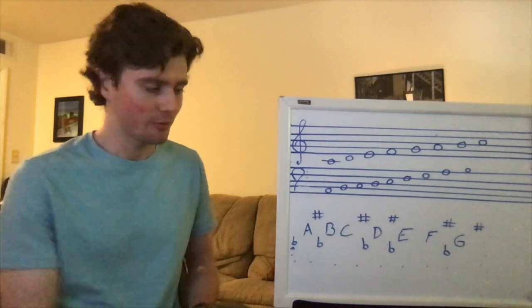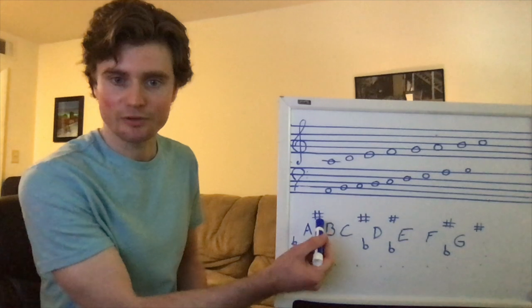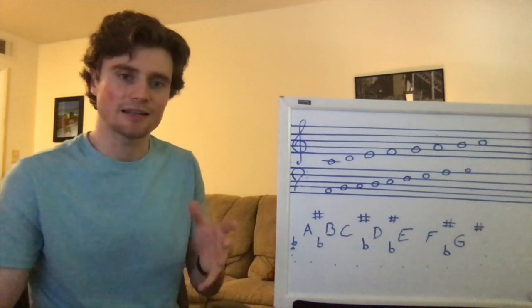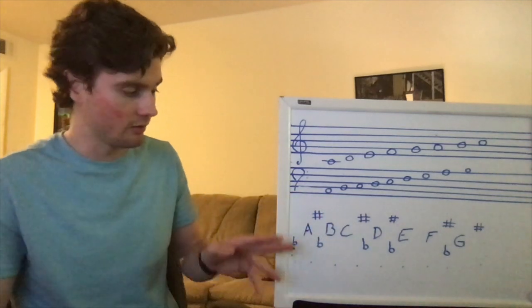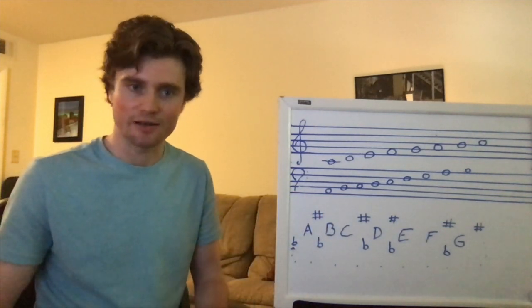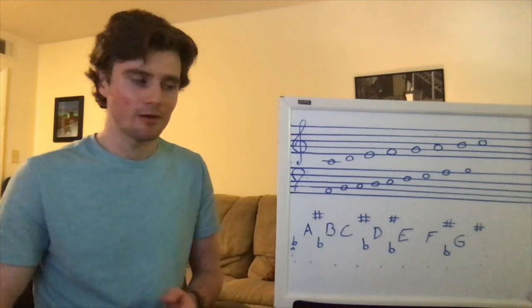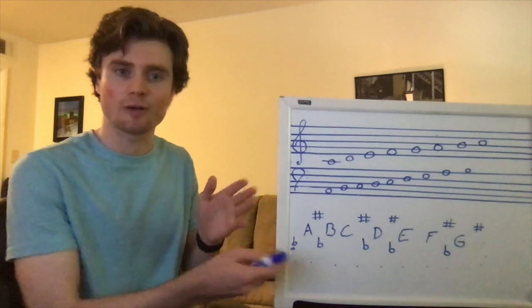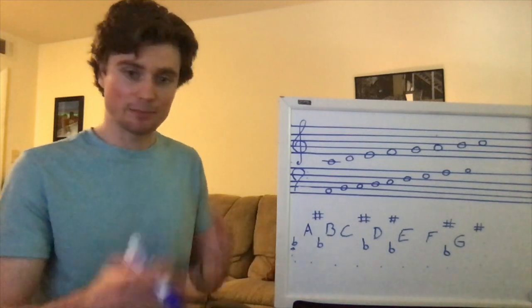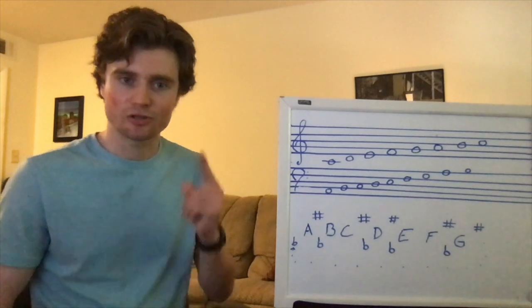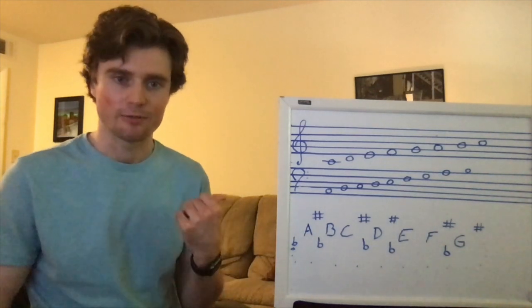A sharp, which is represented by this little number sign, hashtag, whatever you want to call it, means that the pitch is slightly higher than what the letter actually represents. That'll make more sense later when I show you the piano. But for now, just accept it's a slightly higher pitch, so A sharp is slightly higher than A. Similarly, A flat is slightly lower than A. So sharps are a bit higher, flats are a bit lower.